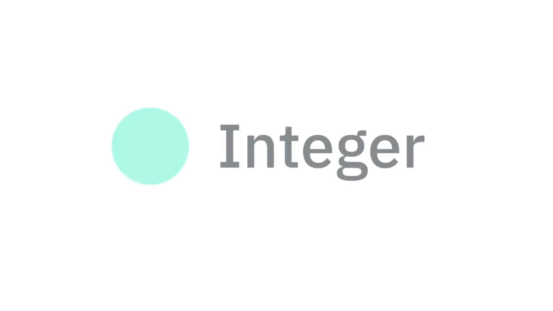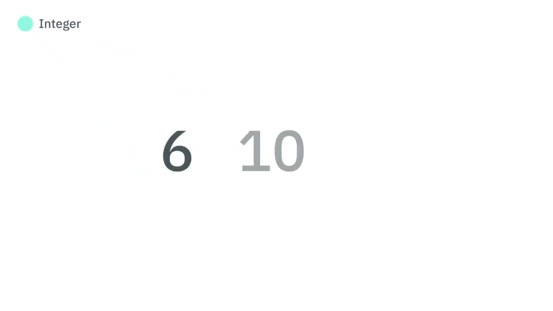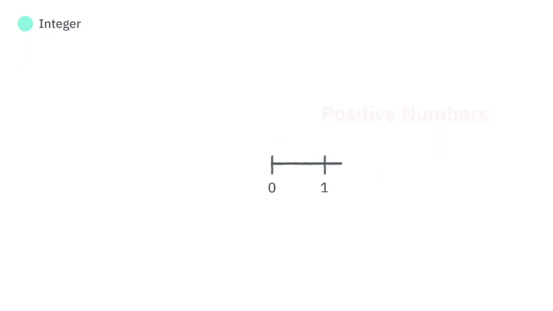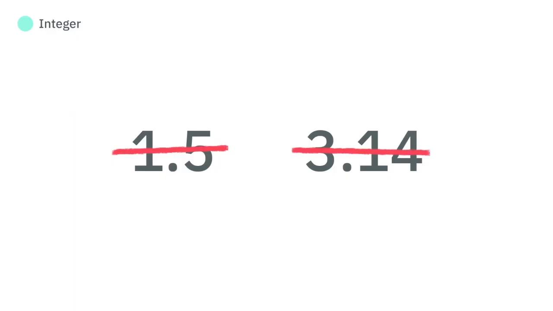We have 2 types for representing numbers. Integer is a data type of number values, like 6, 10, and -9, commonly used for counting or ordering. It can represent both positive and negative numbers, but not numbers with a fraction, like 1.5 or 3.14.